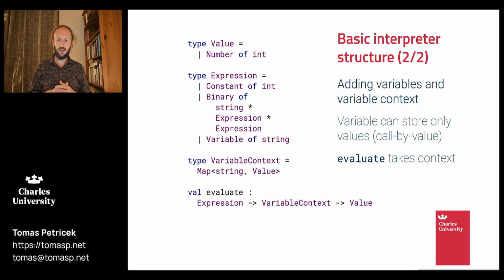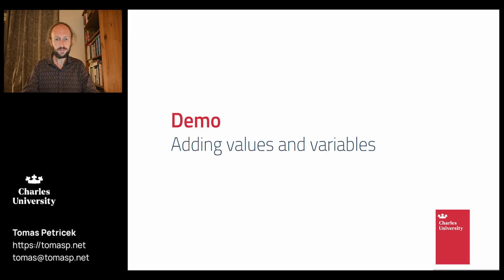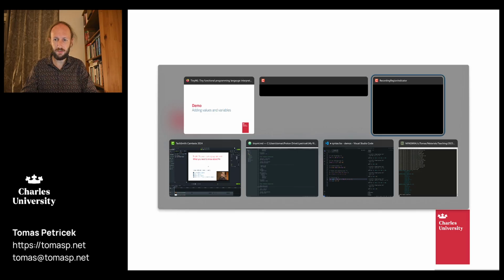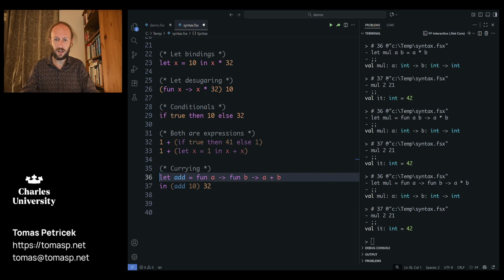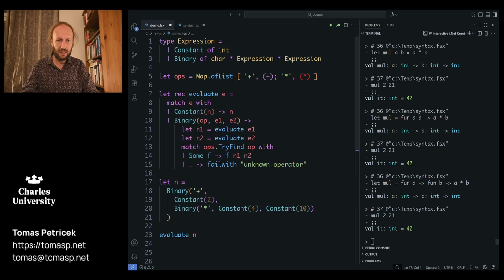So the evaluate function will now take an expression and also a variable context, which is a map that has assignments for all the variables. So for every name of a variable, it will have the value. So let's see how we can actually implement this in our previous binary expression evaluator.